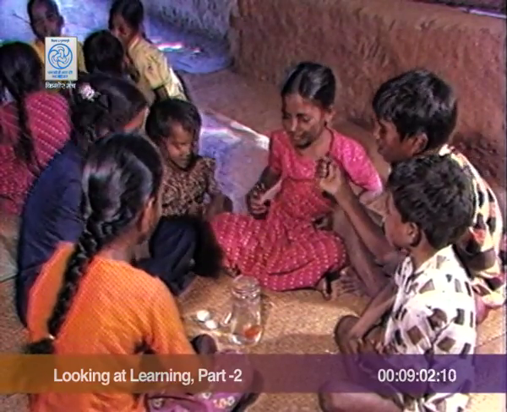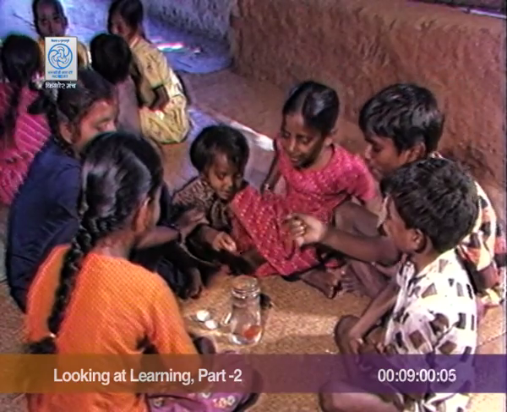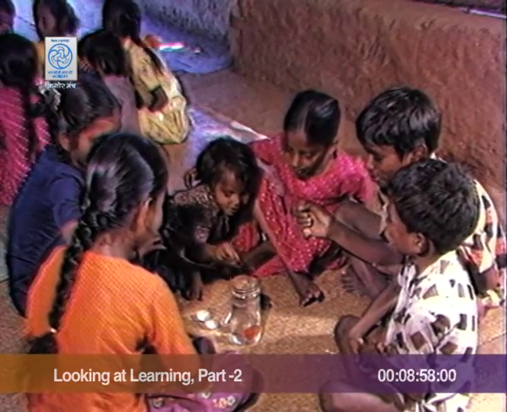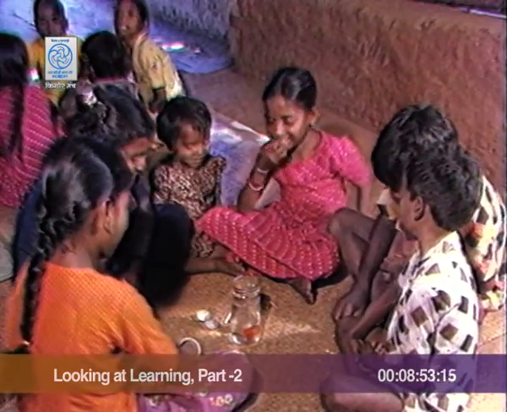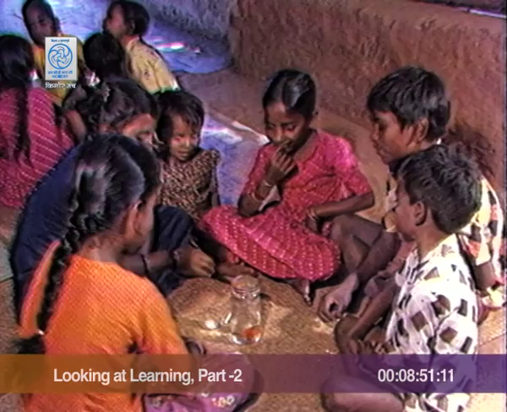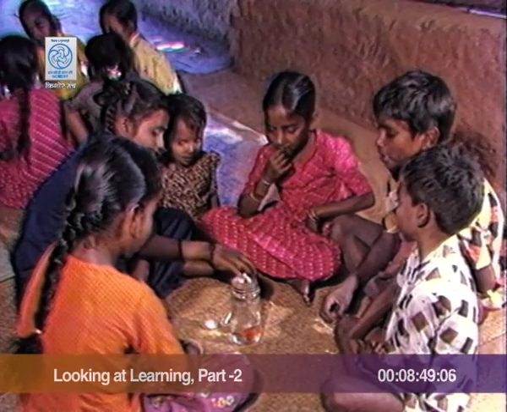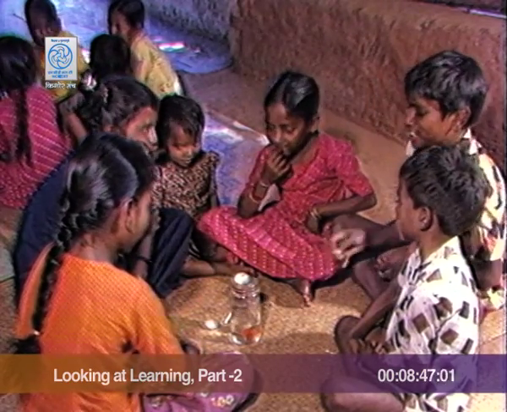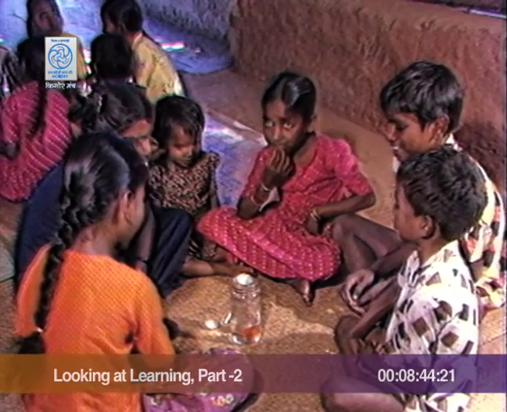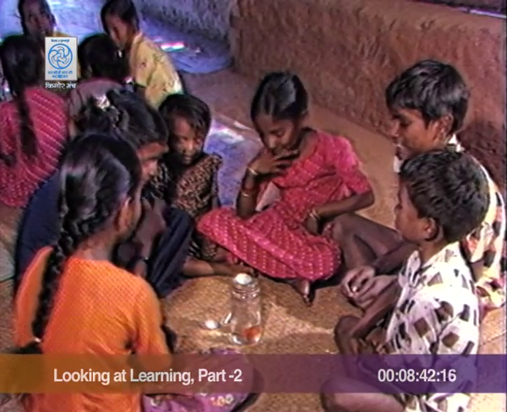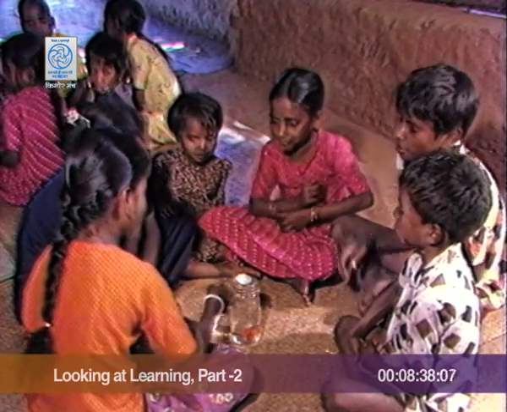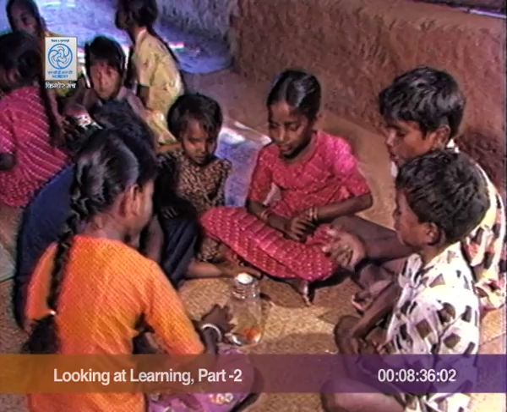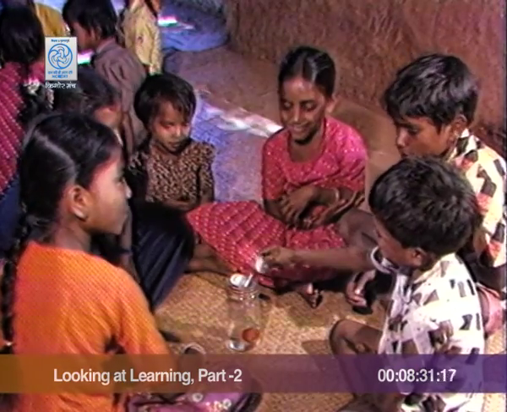The children worked in mixed age groups so that the older ones can help the younger ones. But it is made clear that everyone has a turn in the experimentation. The children are eager to see which of their guesses were right.